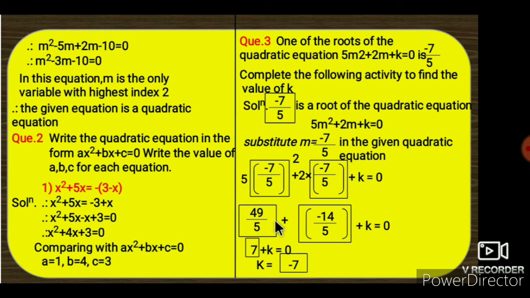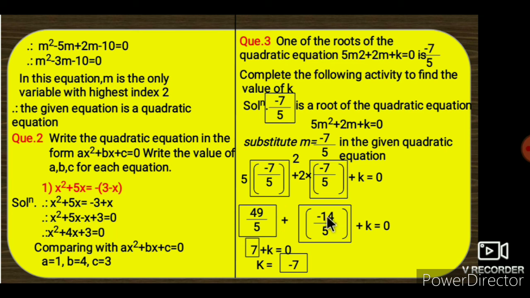Addition of two fractions when the denominators are equal: in these two fractions the denominators are equal, 5 and 5, so addition takes place on the numerators. Therefore (49 − 14)/5.